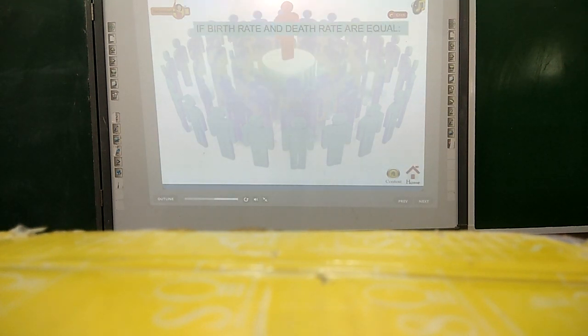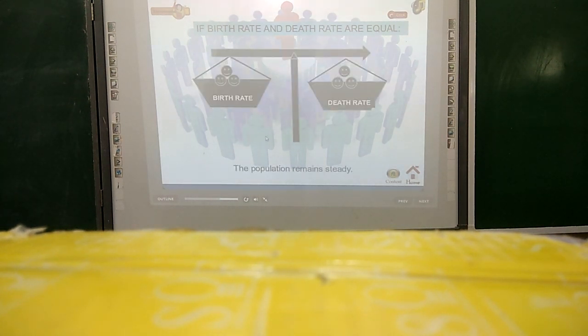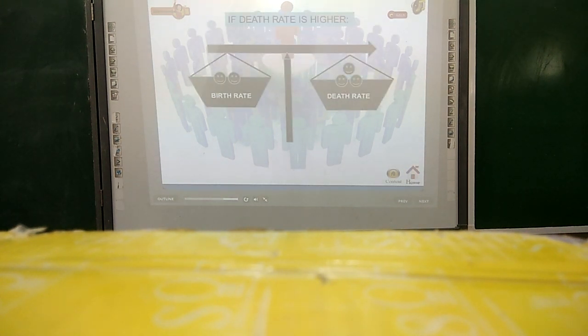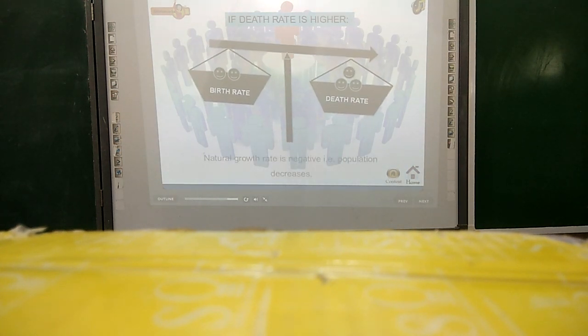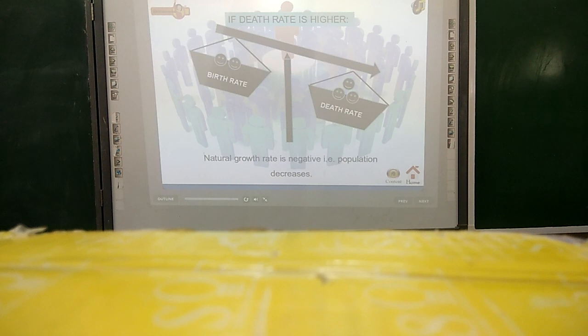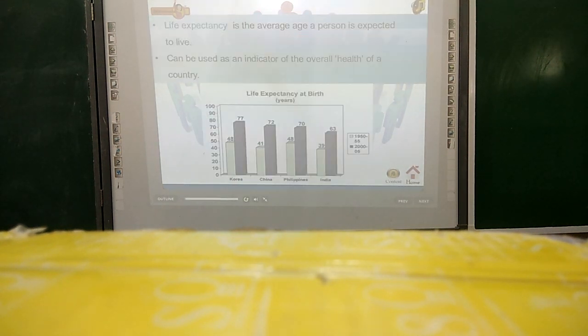If birth rate and death rate are equal, the population remains steady. If death rate is higher, natural growth rate is negative, that is, population decreases. Life expectancy is the average age a person is expected to live.